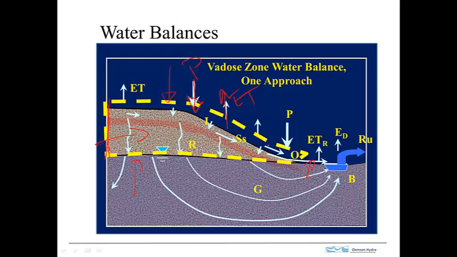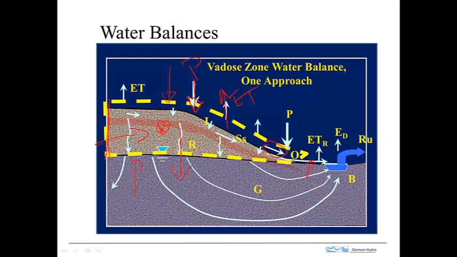And we have also overland flow, that one right there. And right here is recharge. Okay, so those are the major terms that are going to be crossing the boundary. The storage is going to be the water content here, and changes in water content will be, at least conceptually, how we change the storage within this region.